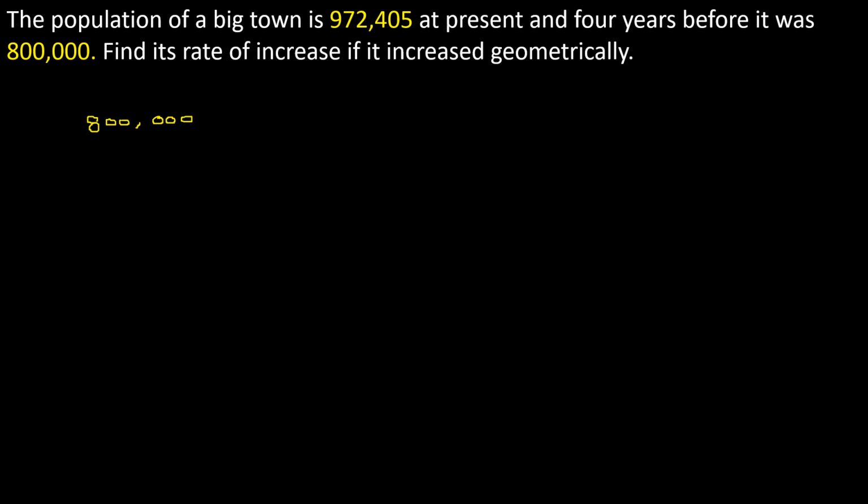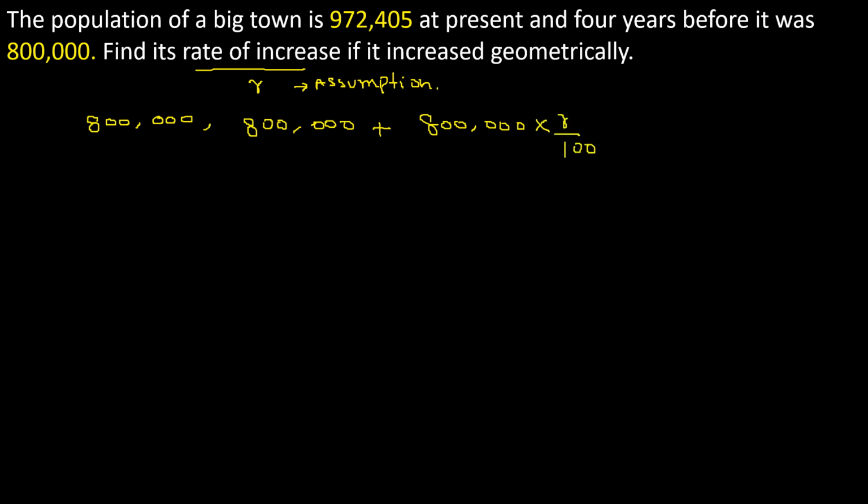So if the rate of increase is r, this is an assumption, then after the first year it becomes 800,000 plus 800,000 times r over 100, because that is a percentage, so that's why we have to divide by 100, which makes it 800,000 into 1 plus r over 100.